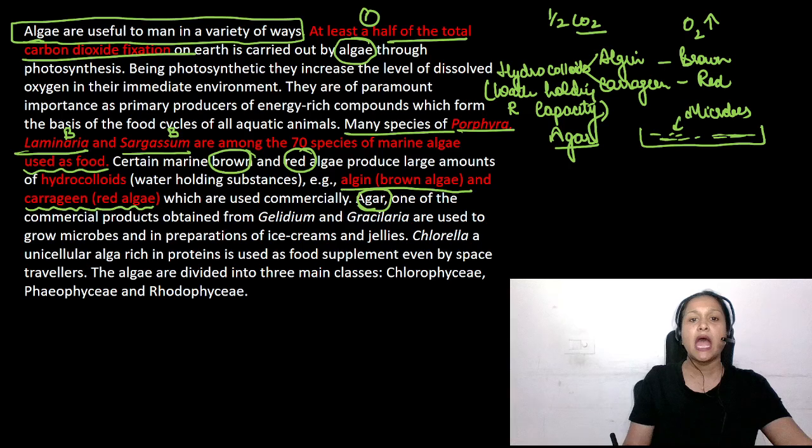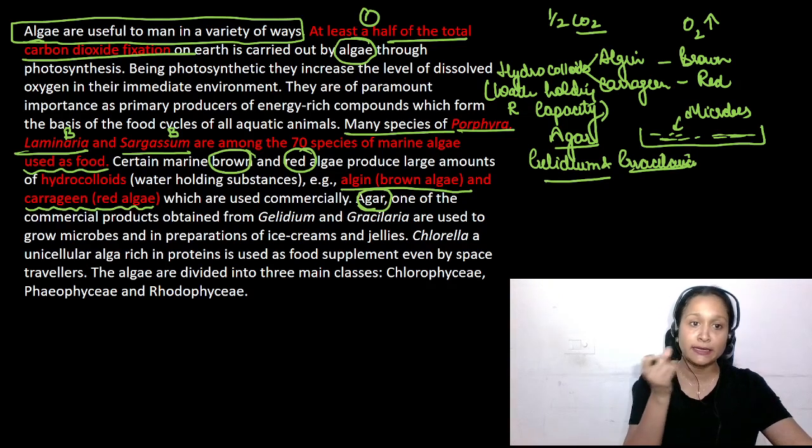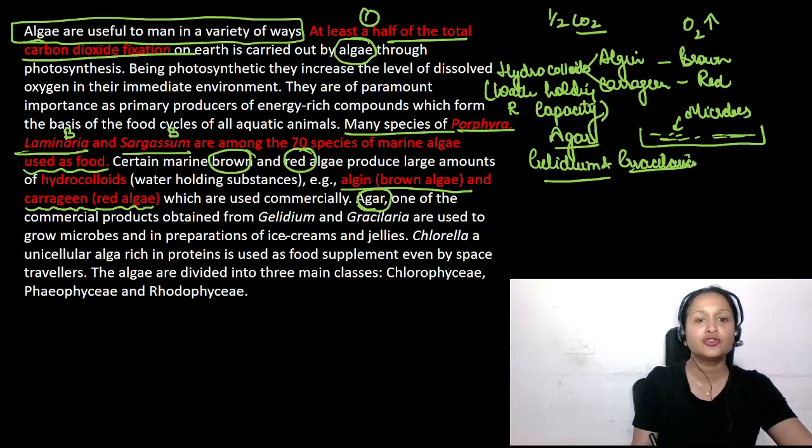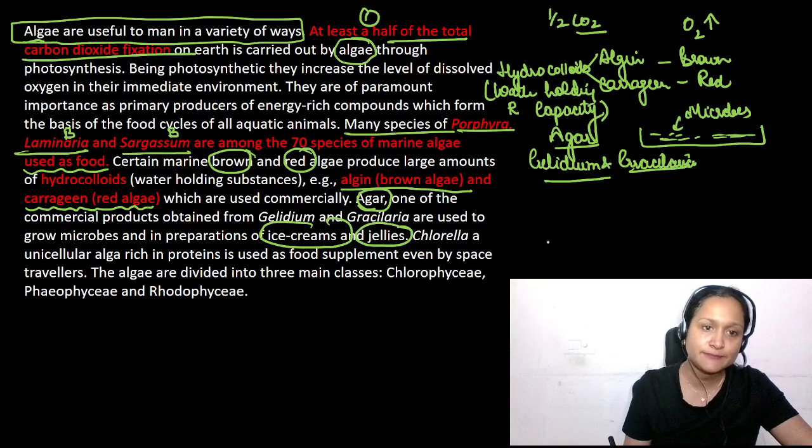Okay, and this is obtained from the red algae, that is Gelidium and Gracilaria. Both are red algae. And even this is also used in ice creams and in jellies.